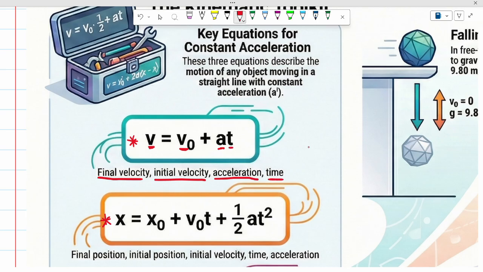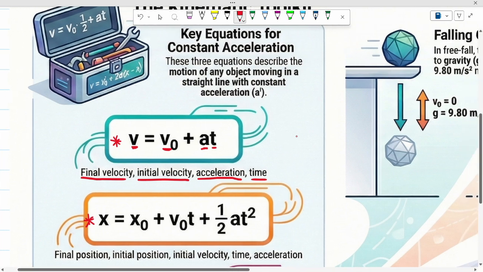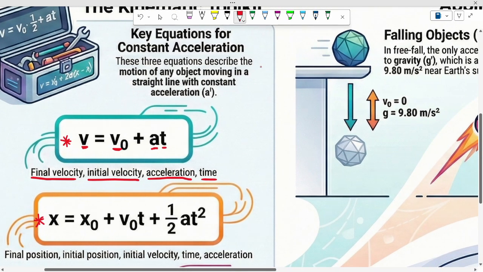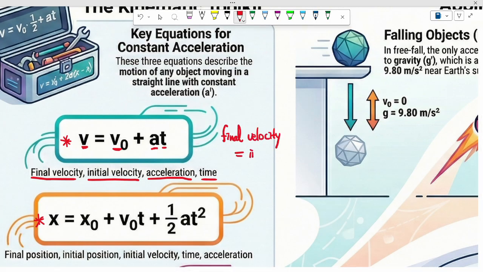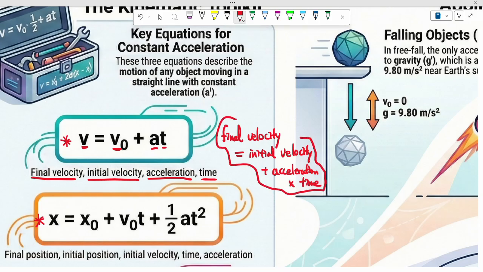So you could actually spell it out. If this process helps you do it, then you might write it out this way. Say that final velocity is equal to initial velocity plus acceleration times time. Now, as you can see, it takes a fair amount of space, which is really the reason we use these symbols.